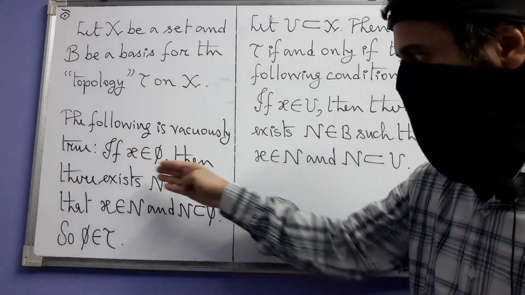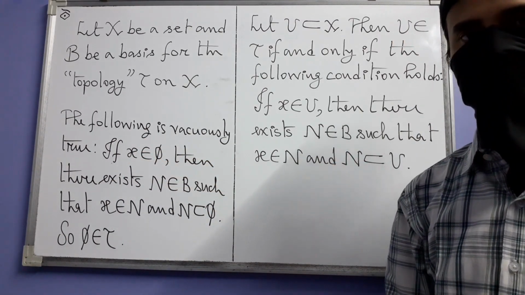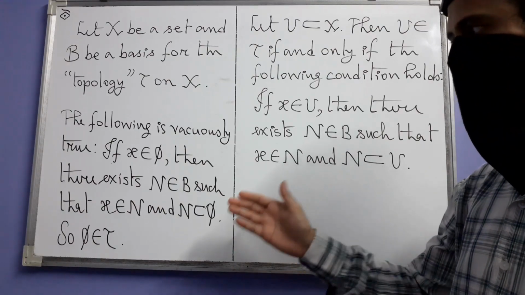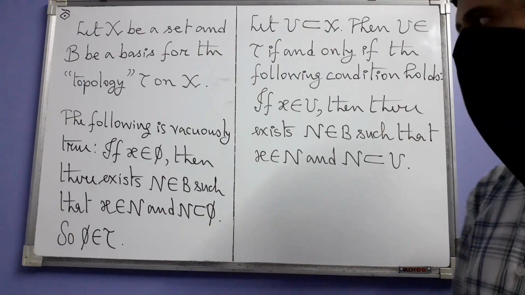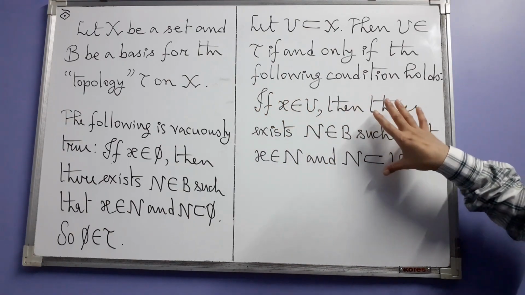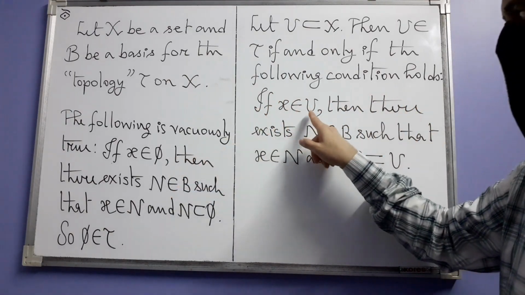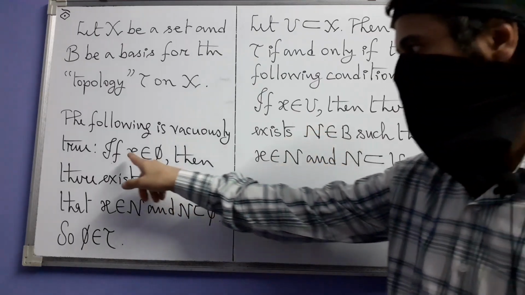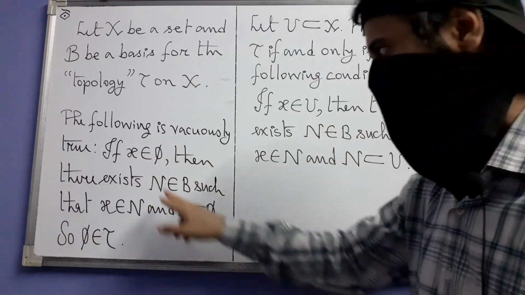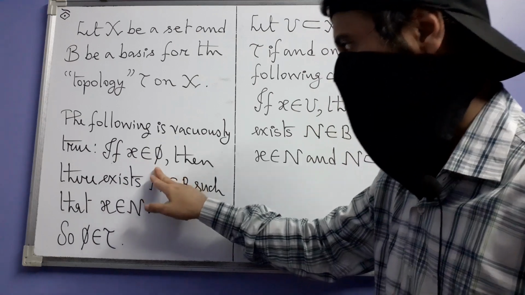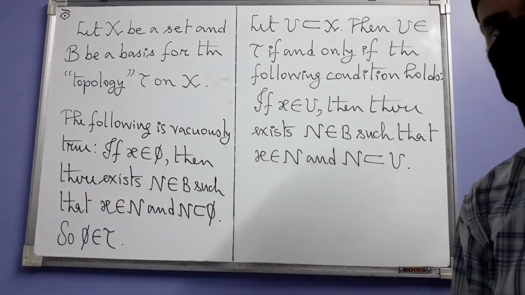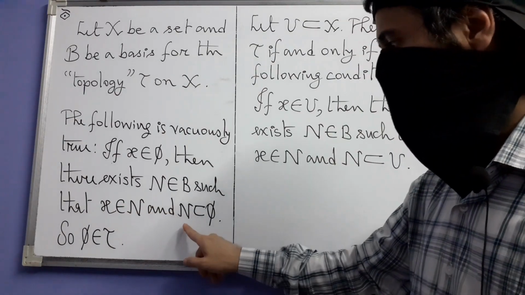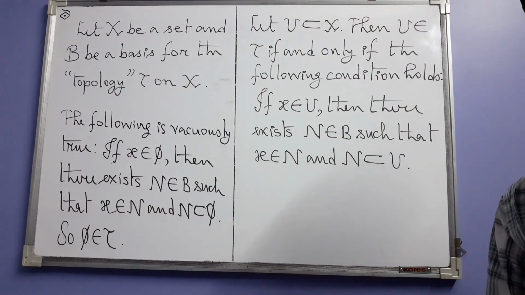The following is vacuously true. So we now first of all want to check whether the empty set is an element of tau. So we apply this exact condition with the empty set in place of U. Let us note carefully this statement: if x belongs to the empty set, then there exists a basis element N which contains x and is itself contained in the empty set.